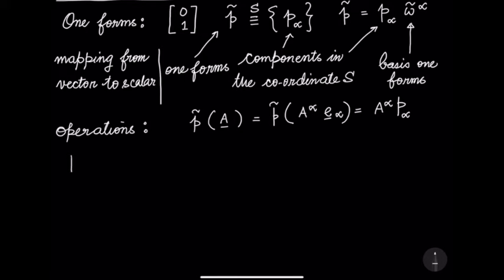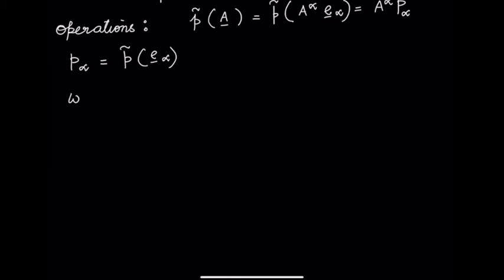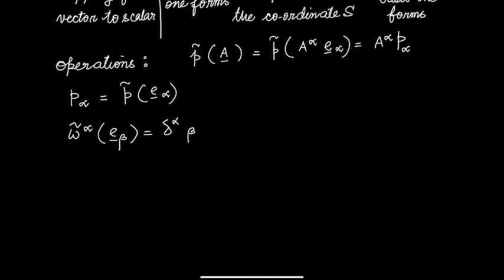One is the definition of P alpha as the one form taking the unit vector E alpha, and also the unit one form W alpha takes the unit vector E beta, that is essentially delta alpha beta. So this is operations of one form on vector.